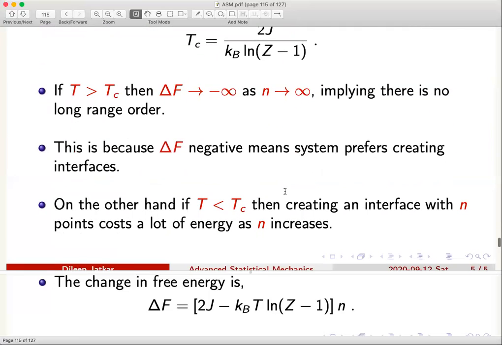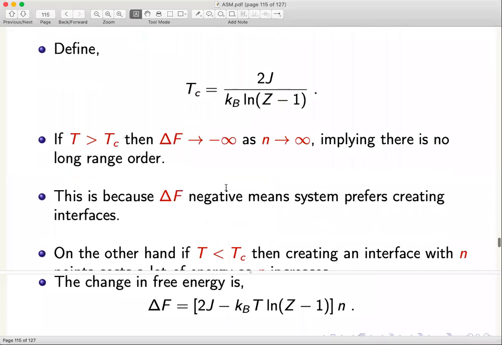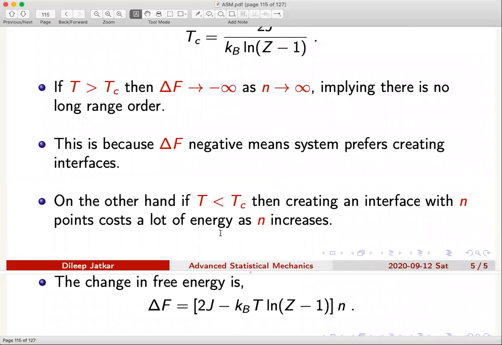What if Tc is greater than T? In that case, the thermal energy available is lower than in the previous configuration. The formula is right here. If T is less than Tc, then this quantity is always positive, because 2J minus k_B T times log of (z minus 1) is positive.